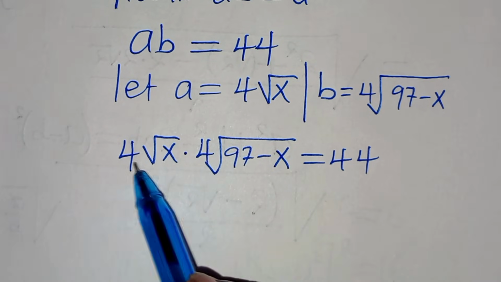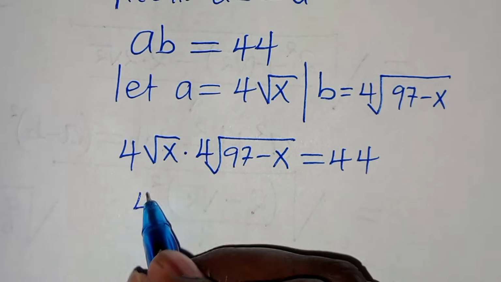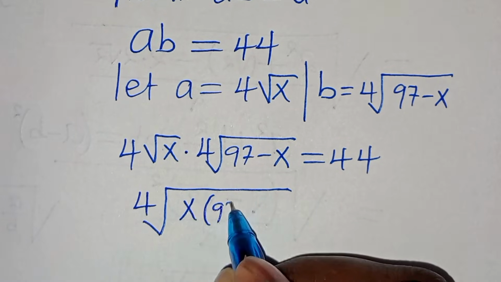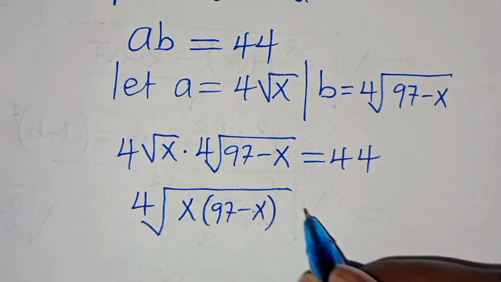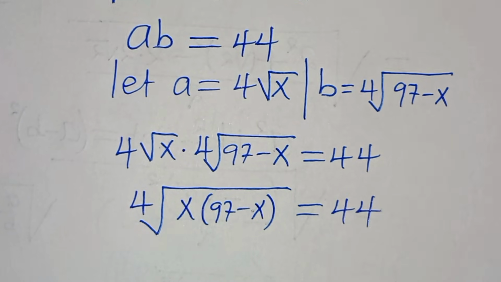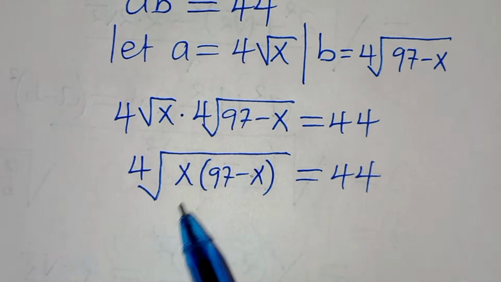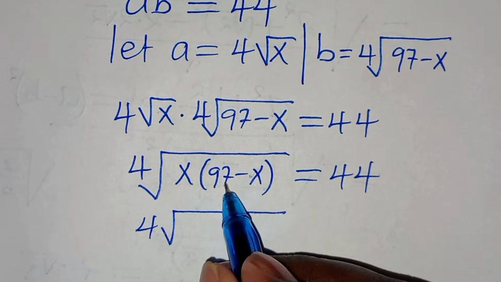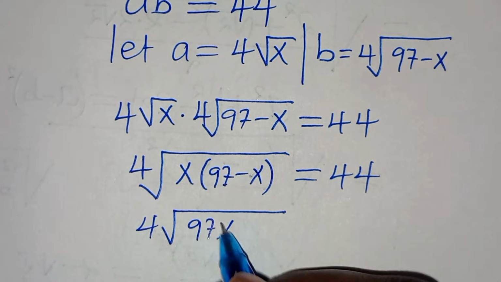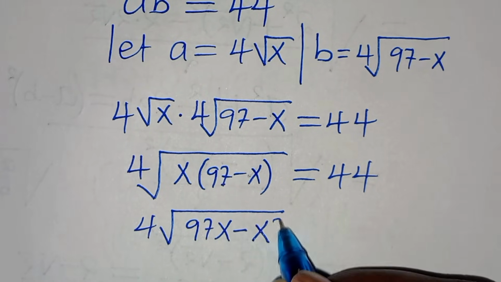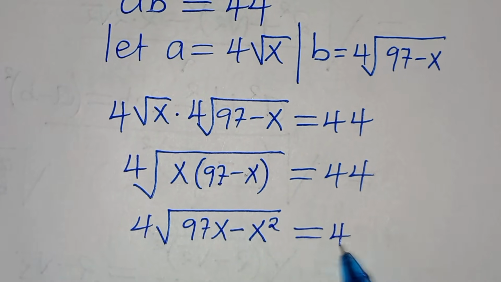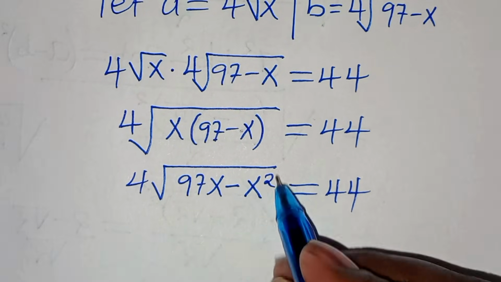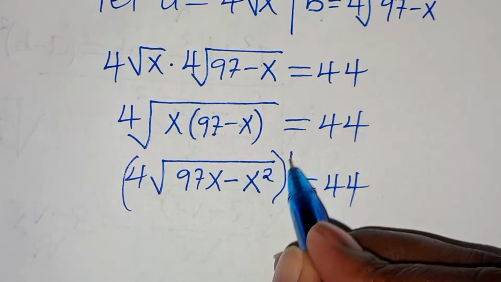Now, we can express this as the fourth root of x times 97 minus x. This is equal to 44. Now, this is the fourth root of x times 97, this is 97x minus x to the power of 2. This is equal to 44. Now, let's raise to the power of 4 on both sides.